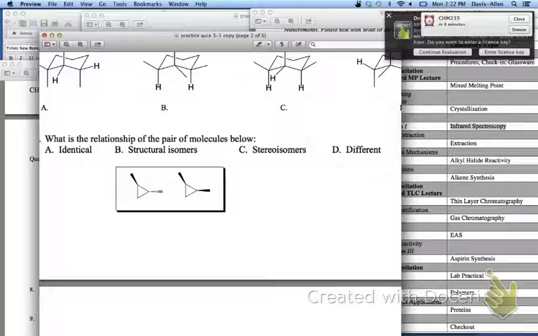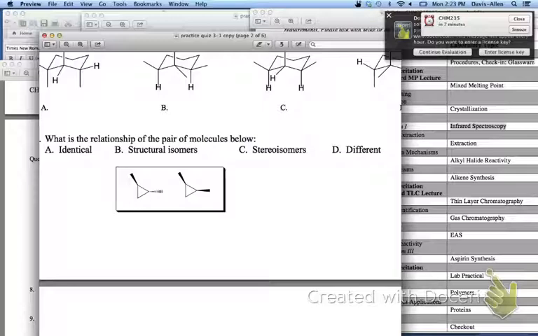You need to be familiar with the flowchart that we discussed in recitation, deciding molecular formulas, patterns, all that kind of fun stuff. If they were identical, they would be superimposable. They're not, because this one is dashed going away, this one's wedged coming at you. They're not different, because for them to be different, they have to have different molecular formulas. They have the same formula, so they can't be different.